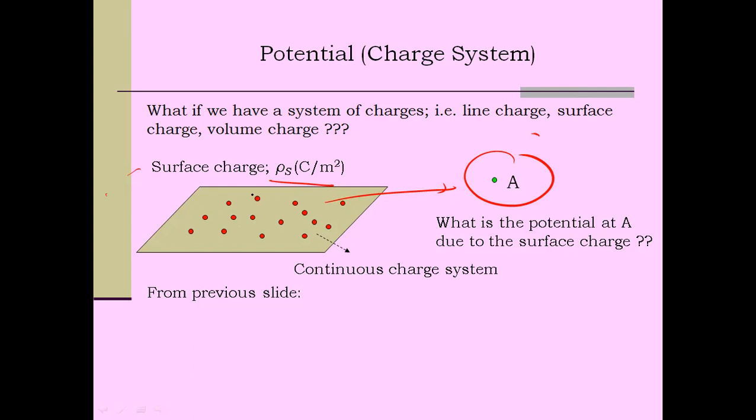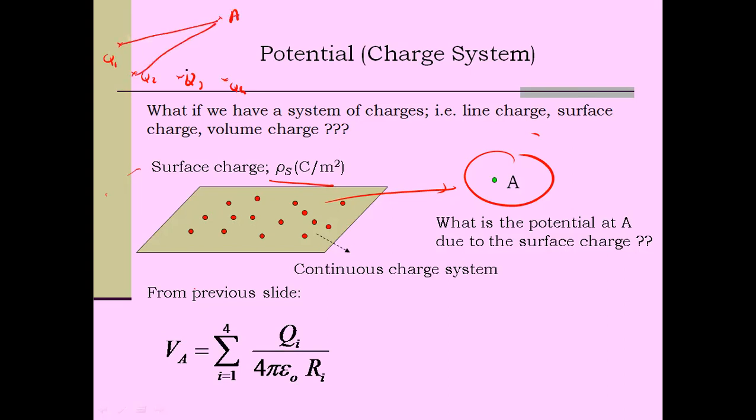Okay, so we have agreed from the previous slide that this is the equation of potential due to point charges. If we recall, let's say we have a charge Q1, charge Q2, charge Q3, and charge Q4, and a single point A. Each gives a different potential amount: for Q1 it is Q over 4 pi epsilon R1, then Q over 4 pi epsilon R2, and subsequently the same for Q3 and Q4.